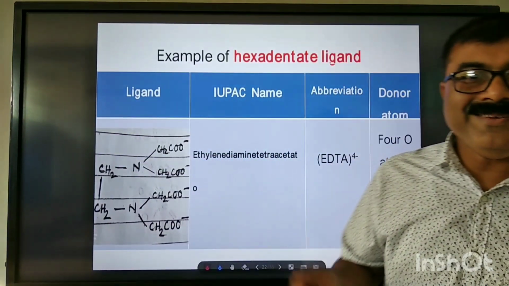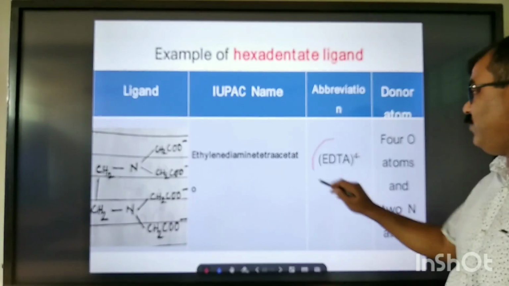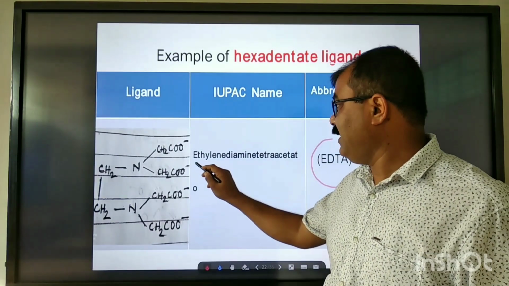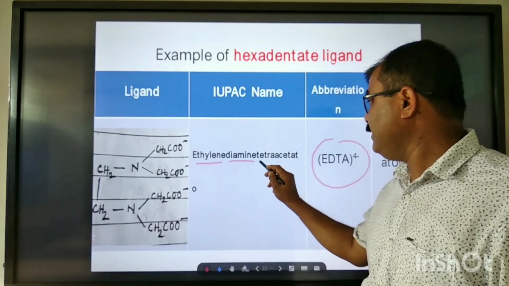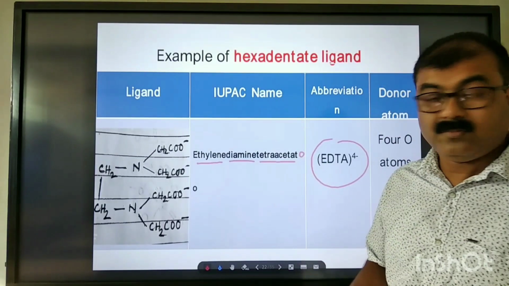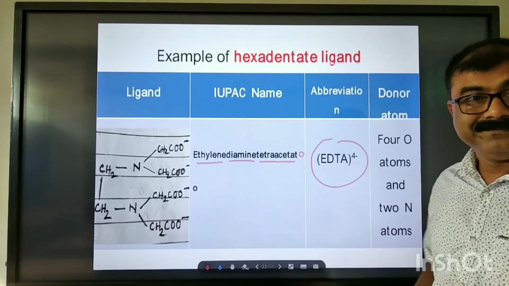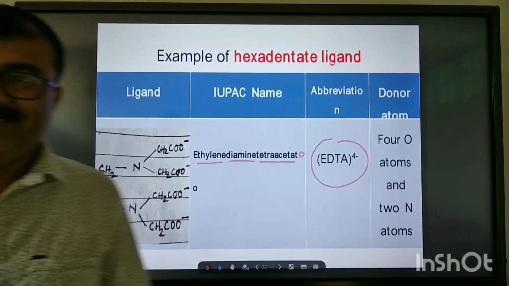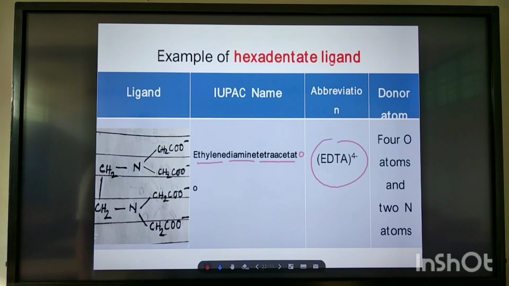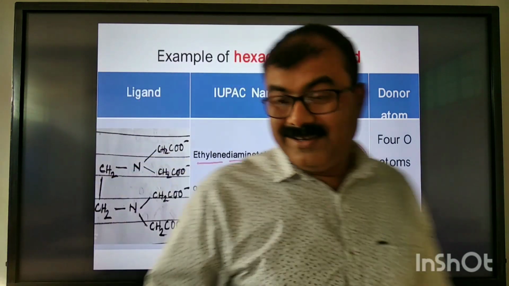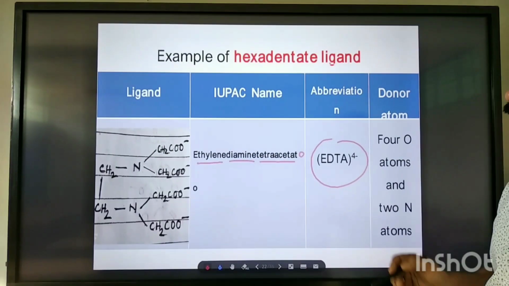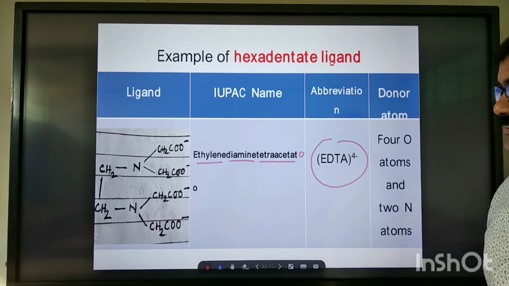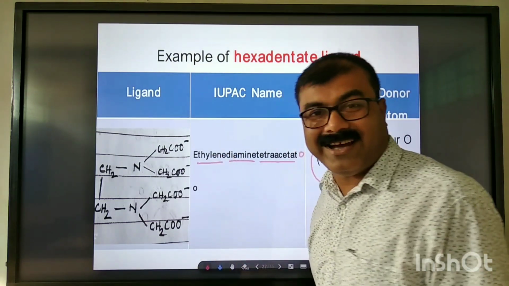Hexadentate ligand, one very important ligand, it is EDTA 4 minus. It is ethylene diamine tetraacetate. Okay, now see how to remember the structure. Just now I said first of all ethylene diamine.